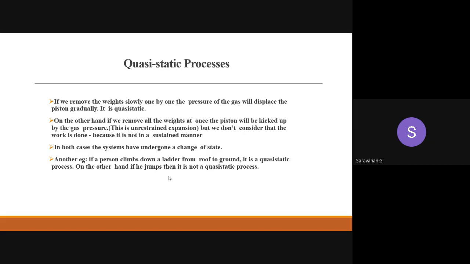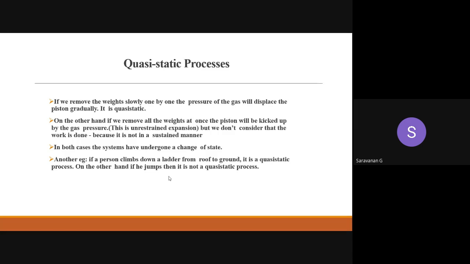Like that, whenever we remove a weight from the piston cylinder arrangement, each state reached has particular properties: pressure P1, temperature T1, volume V1. Similarly, P2, T2, V2, and P3, T3, V3. Pressure, temperature, and volume change with the removal of weights. The system attains different states, and all the states are in thermodynamic equilibrium as well.